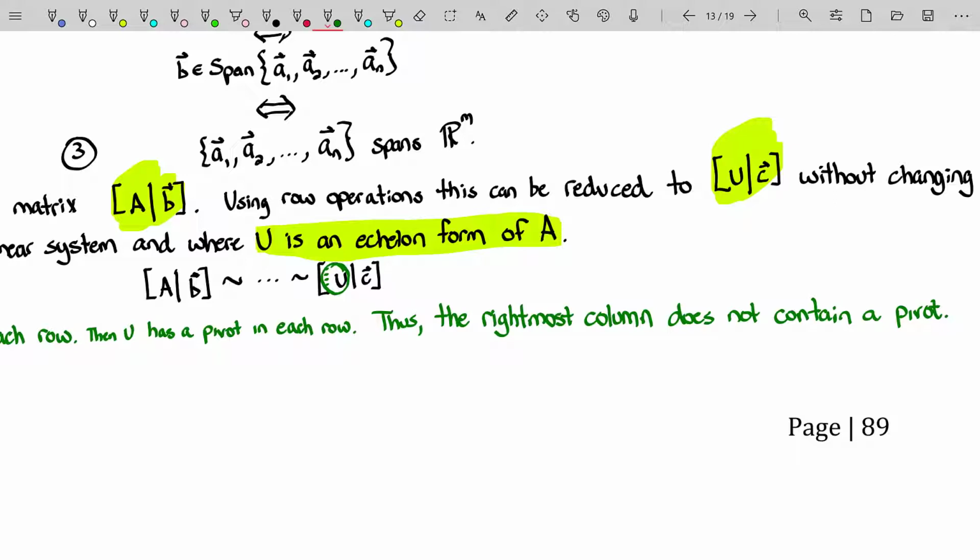And again, if you're using the text that I use, or if you're following through with all the theorems we've written down so far, by Theorem 2, the existence and uniqueness theorem of solutions to linear systems, if the rightmost column of the augmented matrix is not a pivot column, then the corresponding linear system must be consistent.